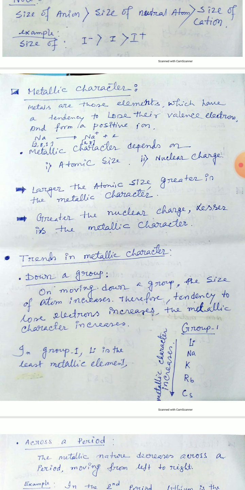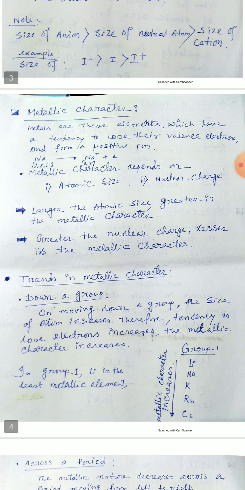That is, it is easy to take out one electron from the valence shell due to increasing size. So on moving down a group, the size of an atom increases.